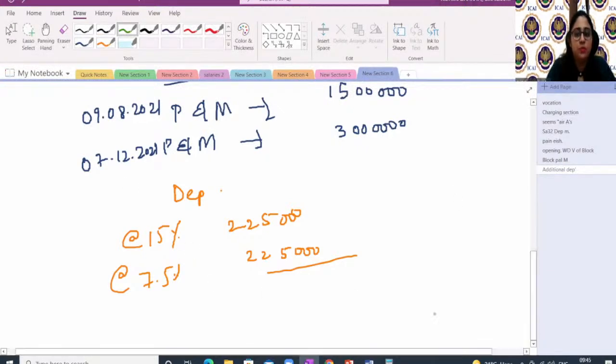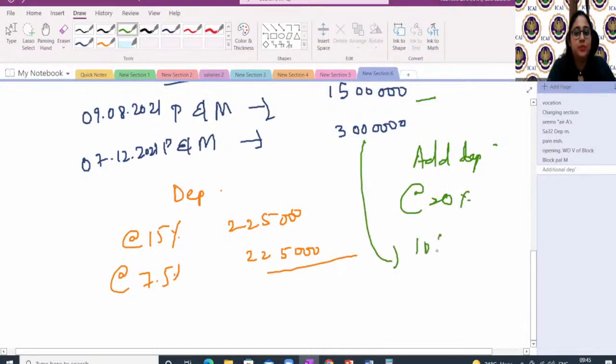Additional depreciation would be how much? On 15 lakh at 20% and on 30 lakh at 10%. So the total depreciation allowed to me is 4,50,000 and 6 lakhs.